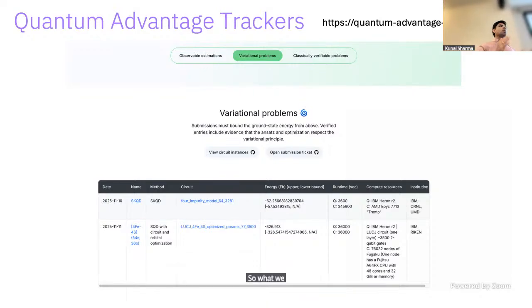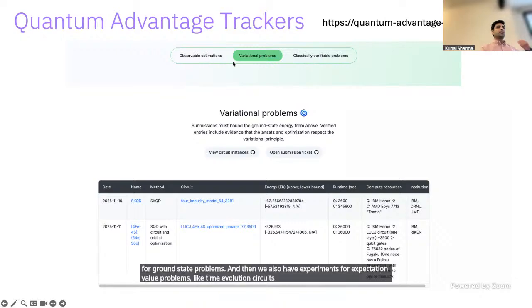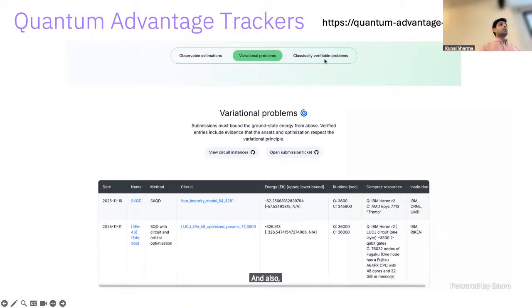What we are hoping is that, we did these experiments for ground state problems, and we also have experiments for expectation value problems, like time evolution circuits and expectation values, and also the peak circuit problems that I was describing. We have just put those circuits on GitHub, and anyone can play with those. They can try whatever classical methods they want on those problems.